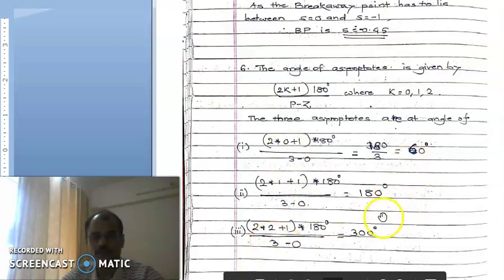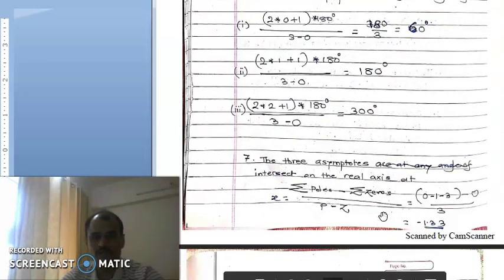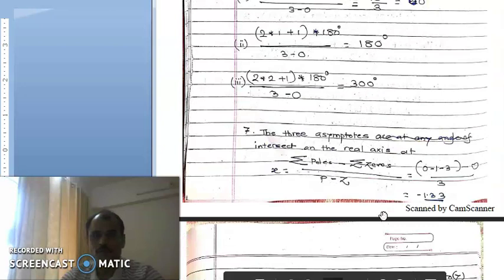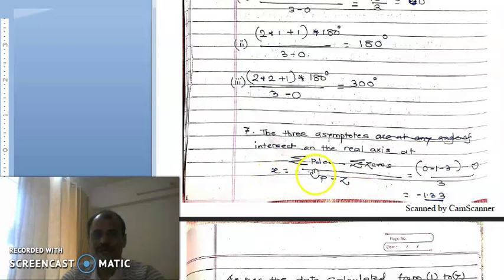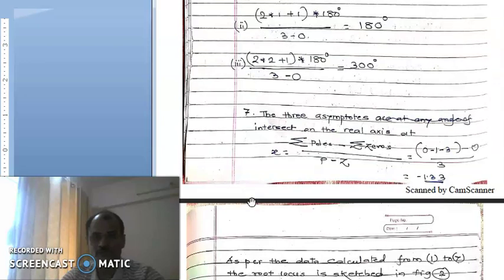So we have respective angles as 60 degree, 180 degree, and 300 degree. Step number 7, the point of the asymptote. The centroid is the summation of values of poles minus summation of zeros upon p minus z. With no zeros, this summation upon 3 is equal to -1.33, and this is the point where all 3 asymptotes intersect each other.